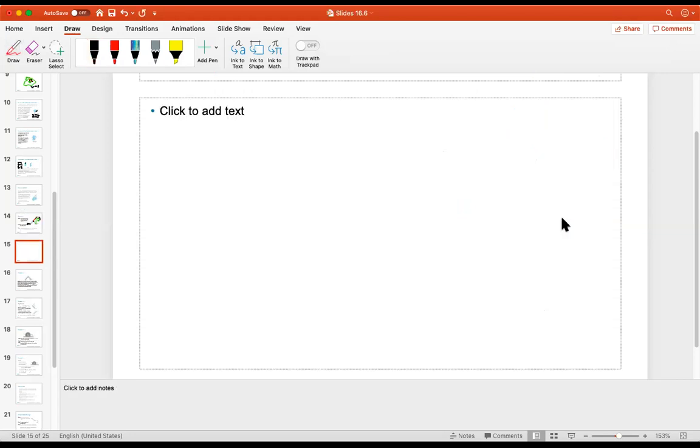All right, so here's my solution. Okay, so I have point A, I have point B, and I have point C. And I know these lengths.